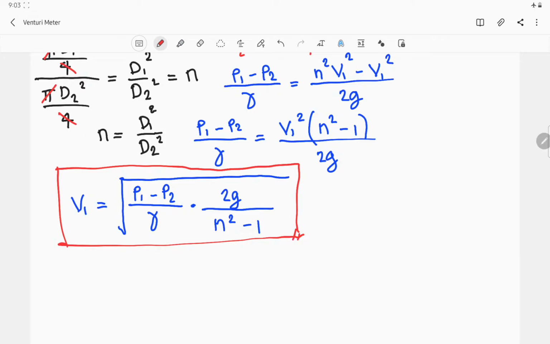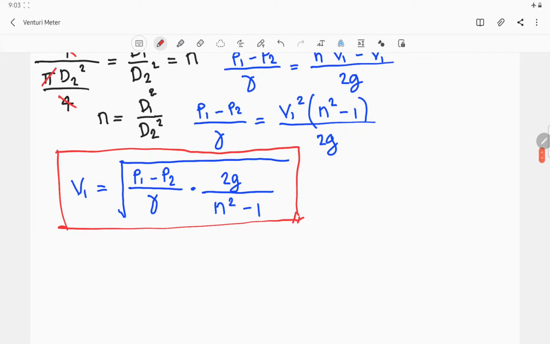But right now, this equation is the equation of the velocity of a venturimeter if the pipe is horizontal. I'll just put it here so you won't forget. Again, I will explain it in the next video.